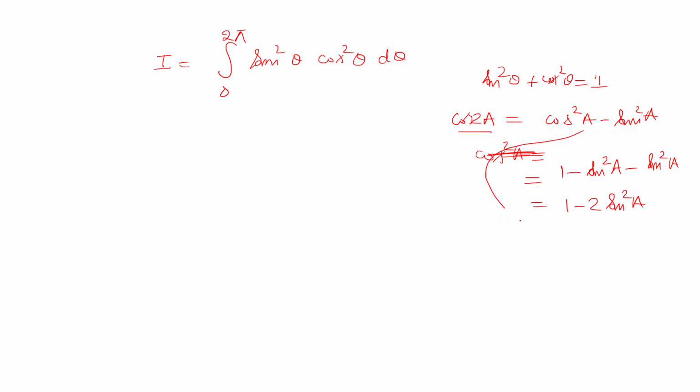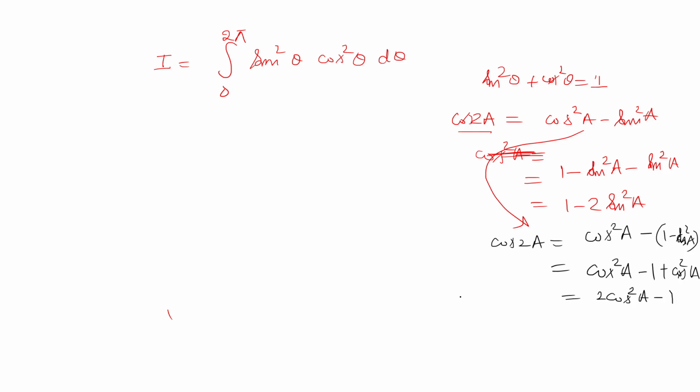Similarly, if we substitute in terms of cos, we replace the sin²a by 1 minus cos²a, so cos 2a equals cos²a minus 1 plus cos²a. So cos²a is added, minus 1.